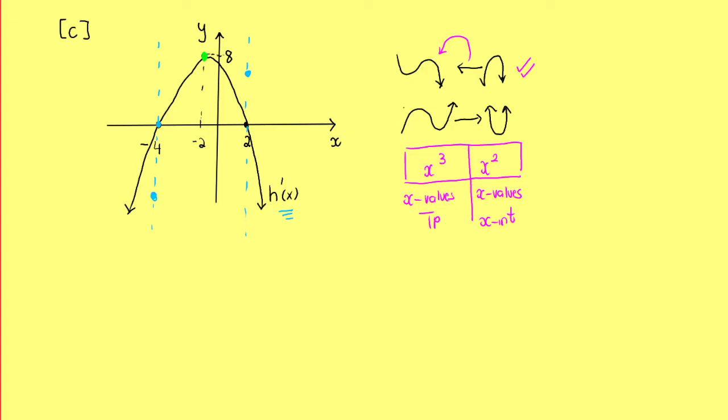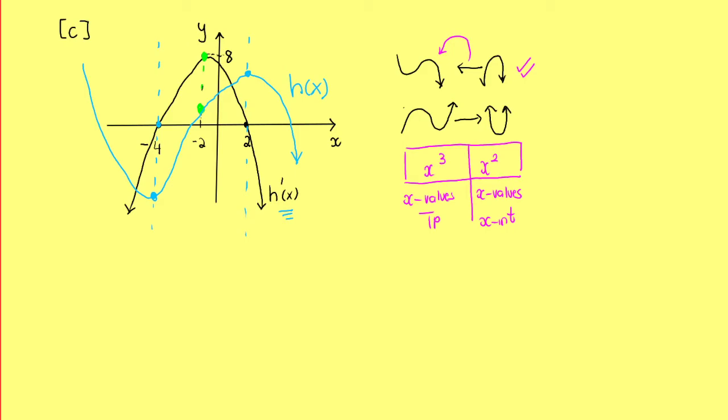That means that our point of inflection will be somewhere along the line that our turning point lies on. All we do is connect our dots and that's how our original h of x will look.